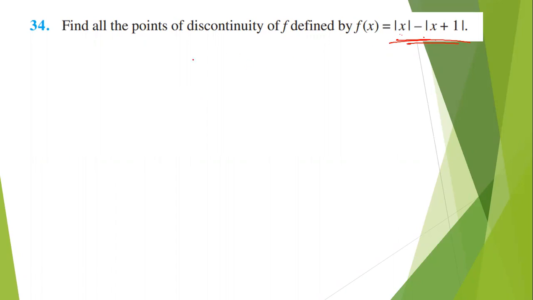So here directly you can write, see, modulus of x is continuous and modulus of x plus 1 is also continuous. And by algebra of continuous functions, we know difference between two continuous functions is again continuous, correct?